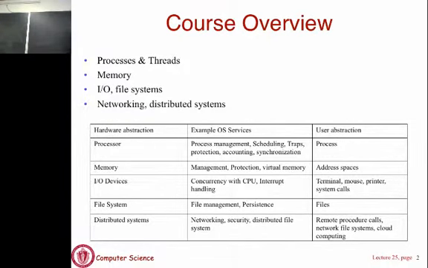The file system is an abstraction via files, which are the user abstraction: we interact with files, and files are part of the file system, which is managed by the OS. Then we talked about distributed systems and some of the abstractions we use for those, such as remote procedure calls and network file systems. Those are what users interact with, and those all run with operating system support as well. So I'm going to go through a quick recap of each of these topics, and feel free to stop me and ask questions at any point.